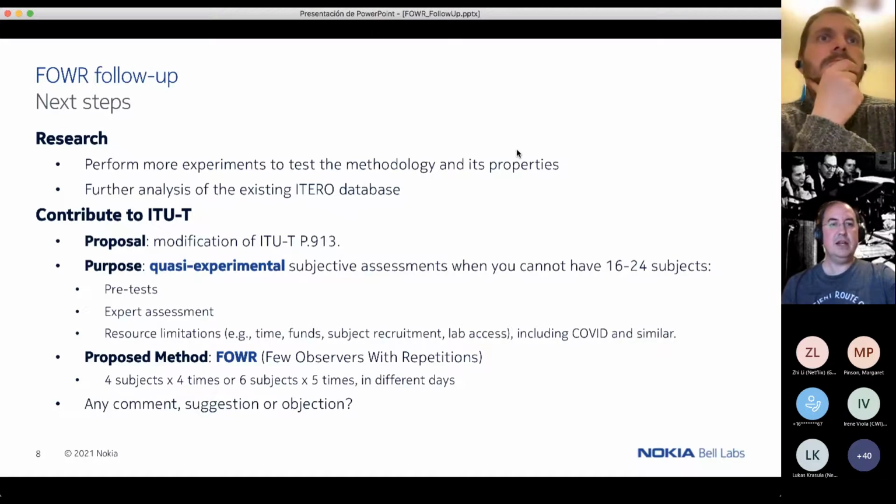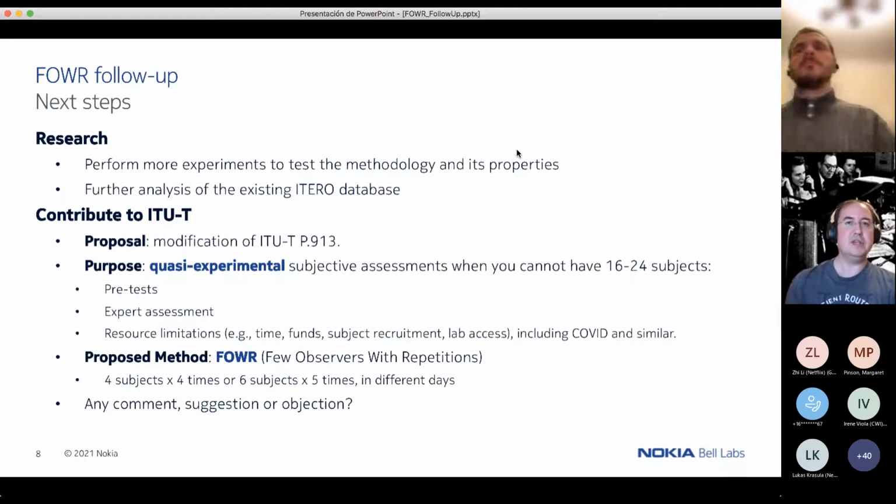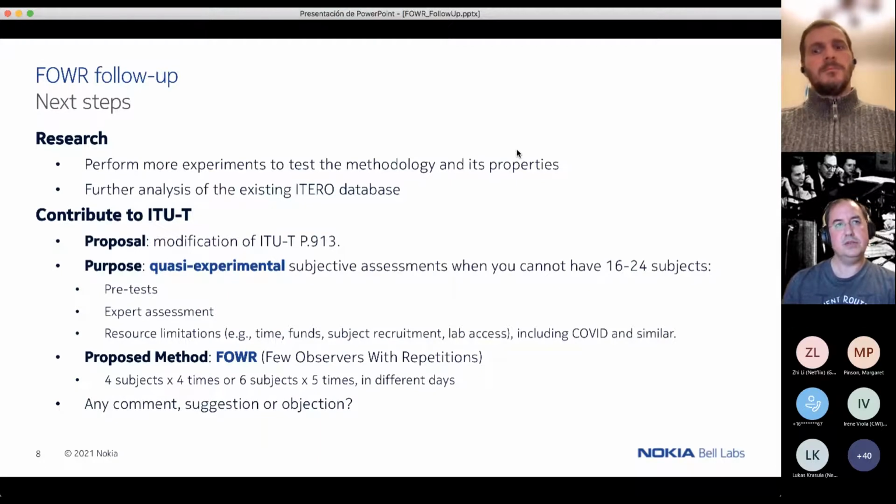So basically, a rough analysis, let's say something similar to 15 subjects, so something good for correlation, not so much for actual agreements or for actual scores, which would be 4 subjects 4 times, and something closer to a standard 24 subjects, which would be 6 subjects 5 times, all on different days, which is how we addressed not having a very strong memory effect in the experiment.